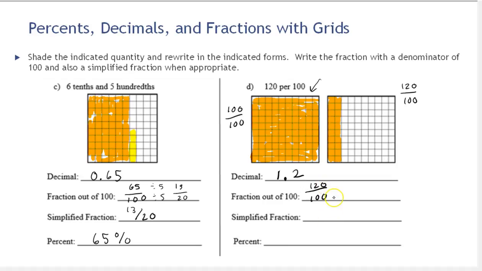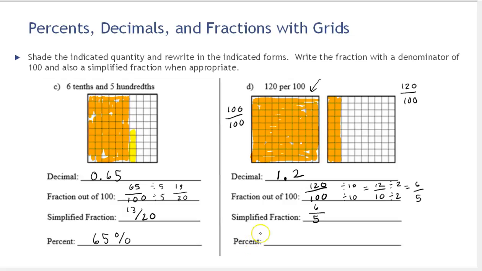Noticing first they both end in 0, so I can divide the numerator and denominator by 10, and that's 12 out of 10. But notice both of these values are still even, so I'm going to divide by 2. So you don't always have to find the greatest common factor, as long as you know it's completely simplified in the end. And this is equivalent to 6 over 5, or 6/5. So this is our simplified fraction. 6 and 5 have no common factors besides 1, so that's all set.